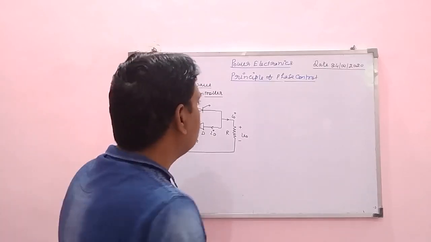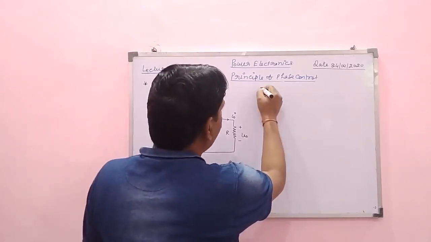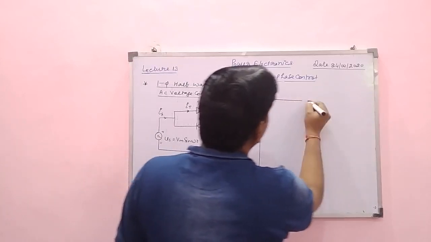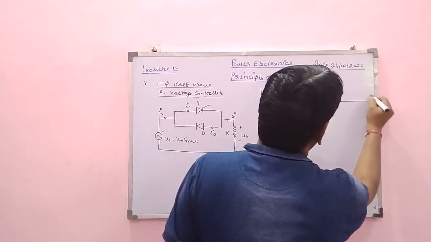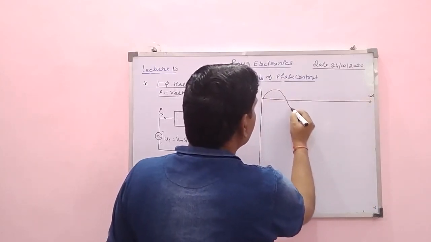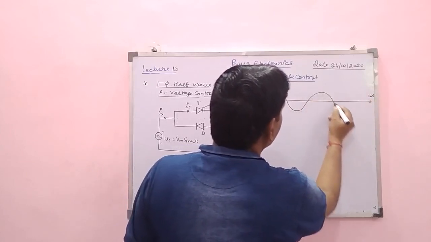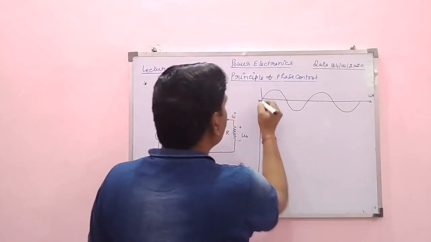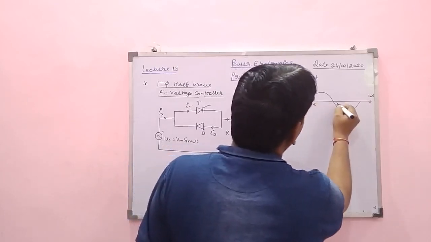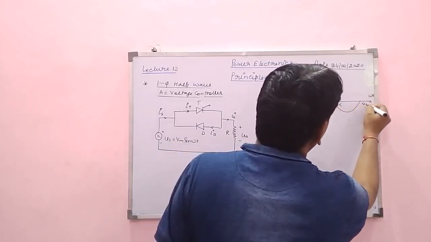So we have to draw the different parameters like that. Suppose this is the supply voltage, this is omega t, and this is the input supply voltage. This is 0, this is pi, this is 2 pi, this is 3 pi, and this is 4 pi.